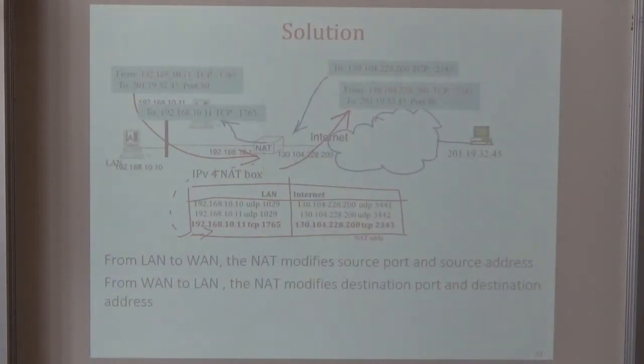I mean, imagine you're running a company, you have IPv6, you have as many addresses as you want, but still you would like to have some private addresses. For security, yeah, exactly. So that could be a reason for one element of security, which is providing some form of isolation.